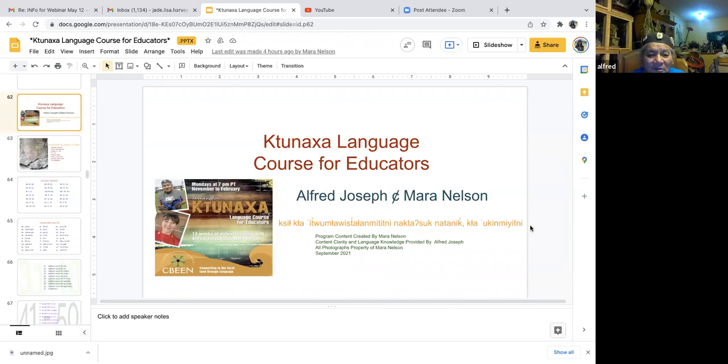I have to stay with what I call the basics, I call it the foundation for building up the language. Mara, you can talk a little bit about how we worked with the basics at first, building the foundation, and to where we're at now.